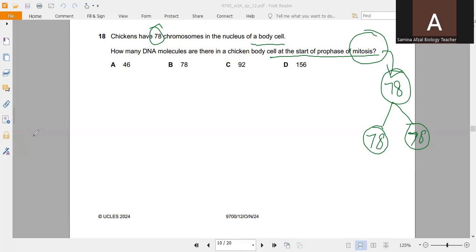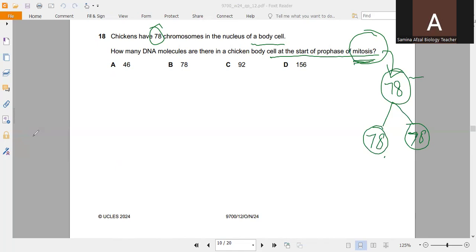As you know, mitosis takes place in the somatic cells, so in the somatic cells the chromosome number is maintained generation after generation. When the mother cell is divided into two daughter cells, the two daughter cells will have the same number of chromosomes as the parent cell has, 78.